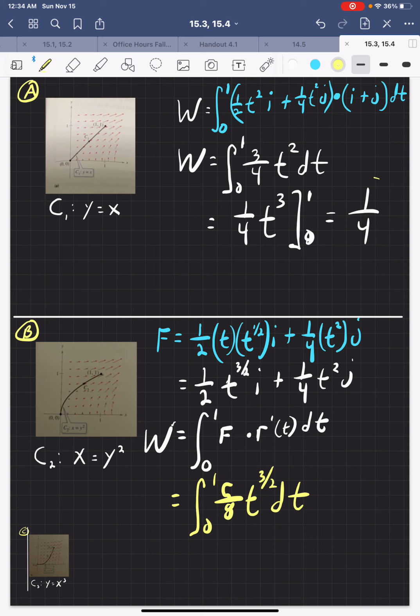All right, and now we integrate and we substitute. So if you integrate, you would have 1/4 t to the 5/2. You're moving from 0 to 1.